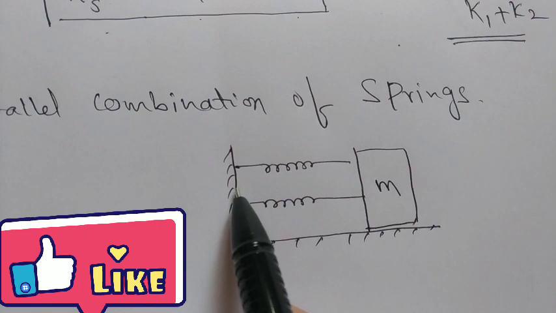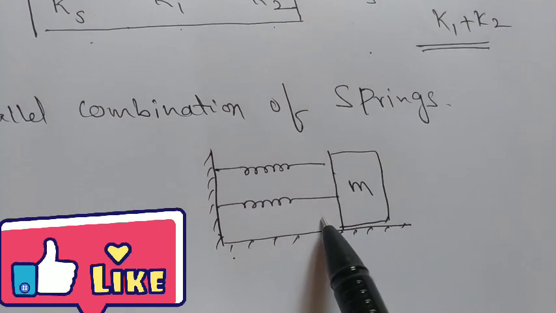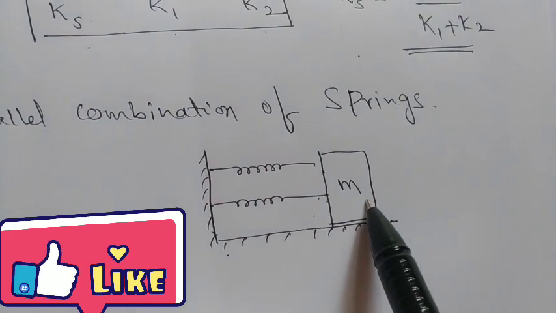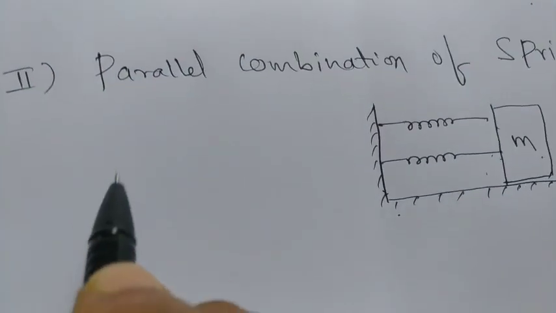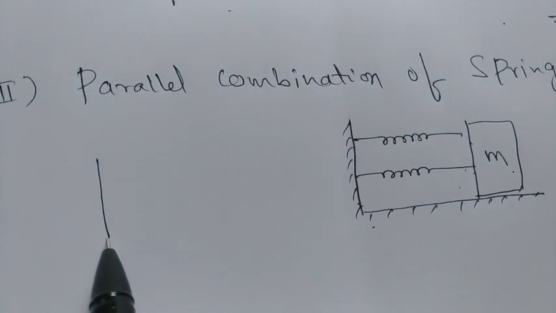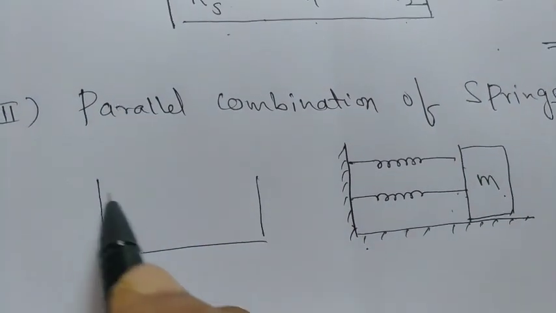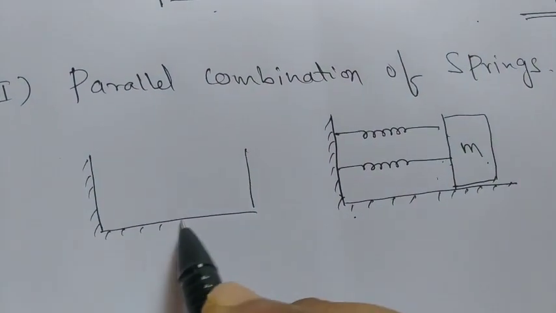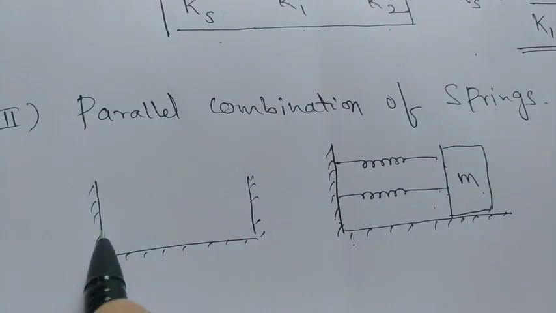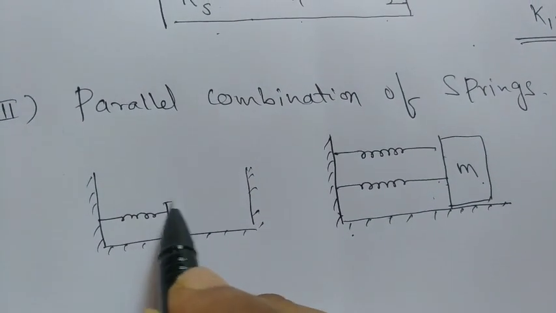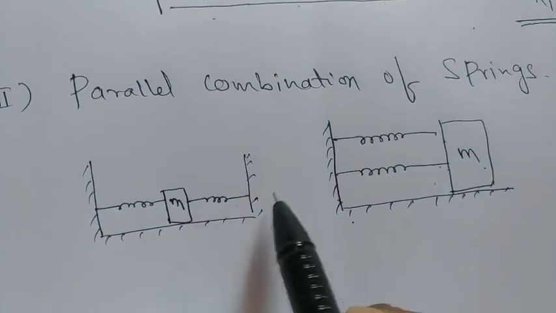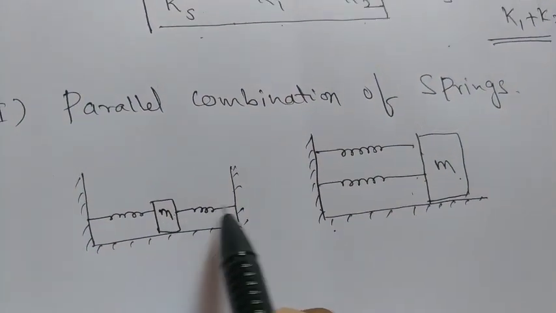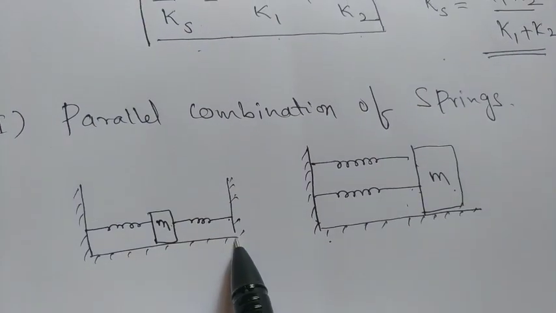Two ends are connected to one common point, and the other two ends of the springs are connected to another common point. Or also like this, the same diagram. Two springs are connected like this: the first spring is attached to the block of mass m, and the other spring is also connected to the block, with the other end connected to a rigid support.